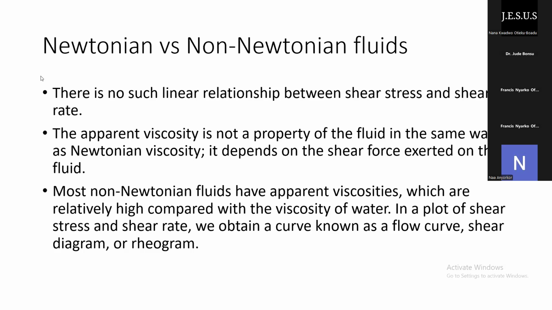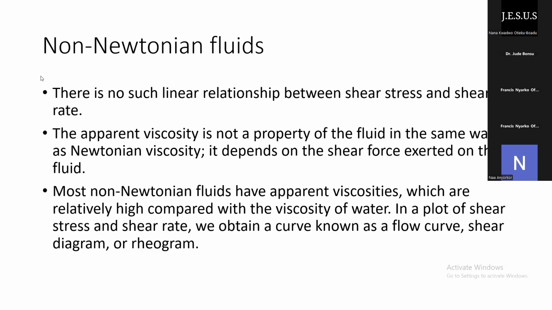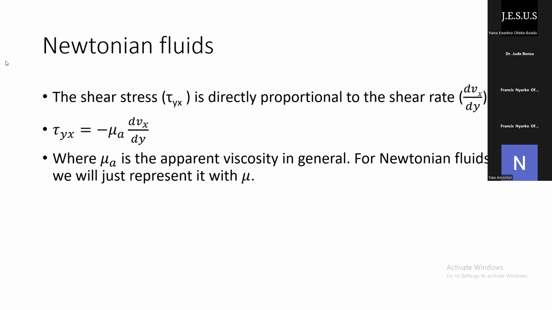Now let's compare Newtonian fluids and the non-Newtonian fluids. There is no such linear relationship between the shear stress and the shear rate for the non-Newtonian fluids, as opposed to the Newtonian fluids, where we have this expression being held. With the Newtonian fluids, realize that our shear stress is proportional to our shear rate.